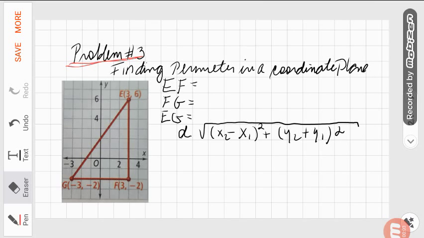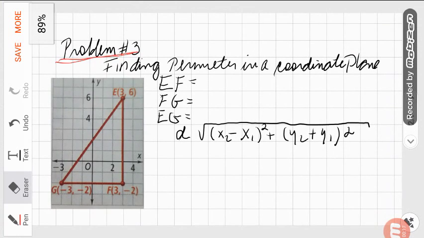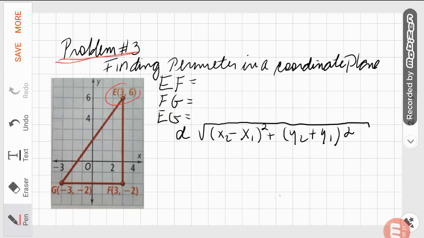On this occasion, we're studying problem number 3 from section 1.8 of your geometry textbook, finding the perimeter in a coordinate plane. If we want to find a perimeter in a coordinate plane, we first of all have to find the location of each one of the points given the coordinates. So here, when we found the location of each one of the points, we discovered that the figure that appeared was a triangle.